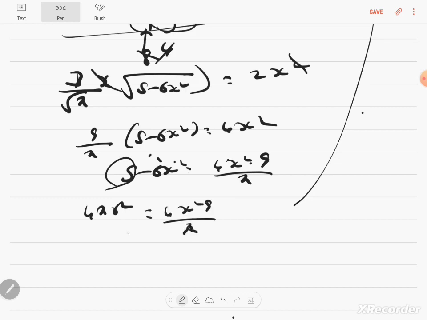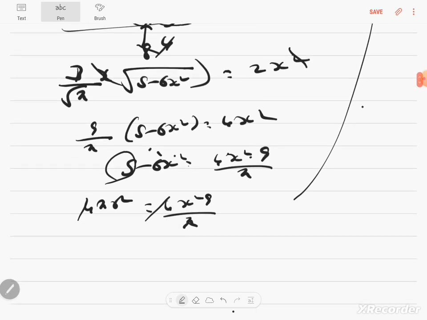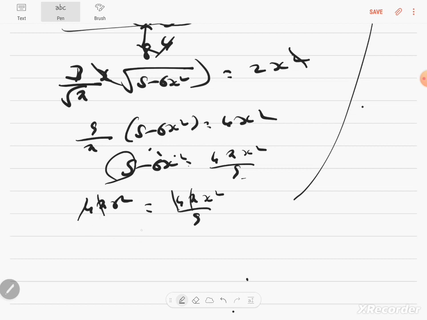Where you know that now 4 and 4 get cancelled, and the π goes up when you cross multiply by 9. So it's 4πx² by 9. The π and π get cancelled, 4 and 4 get cancelled. So x is equal to 3r.